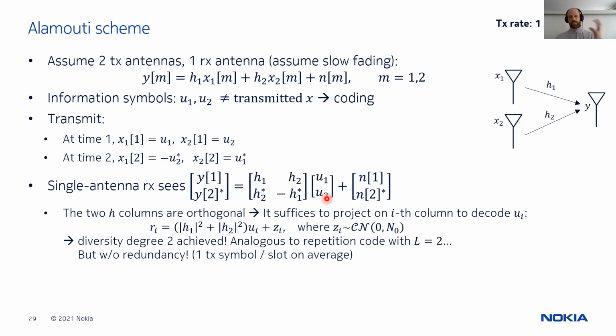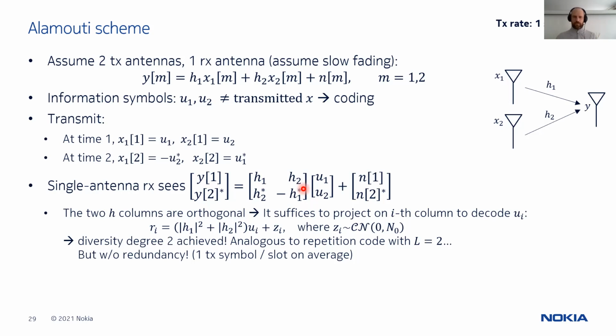The receiver should wait for 2 slots. Then it gets Y1 and Y2, and then projects them on the first column, and then on the second column. Since they're orthogonal, the other column is nulled out, and then it decodes in a similar way as we saw before.